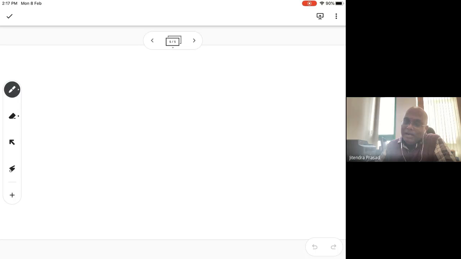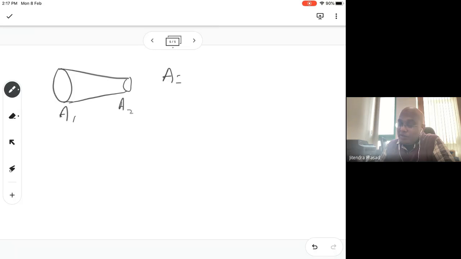What you can do right now, if you have a taper like this, is take the average area. You change A equal to (A1 plus A2) divided by 2. You can assume this and solve it like this. But this is not the correct answer. We will do that later on. First we have to find the differential equation, and then we solve the differential equation. Exactly the same thing we will be doing in chapters 3, 4, 5.